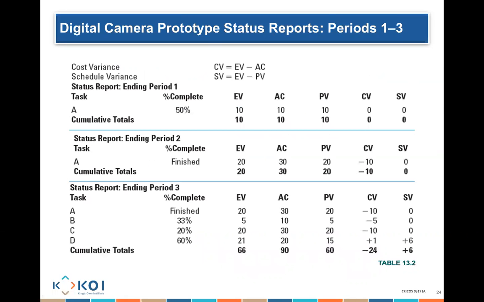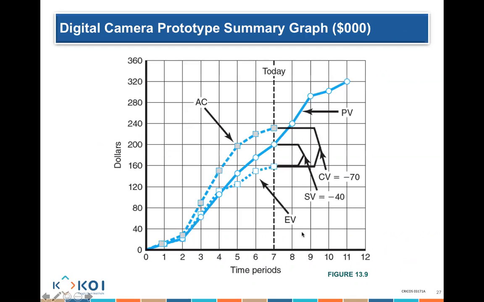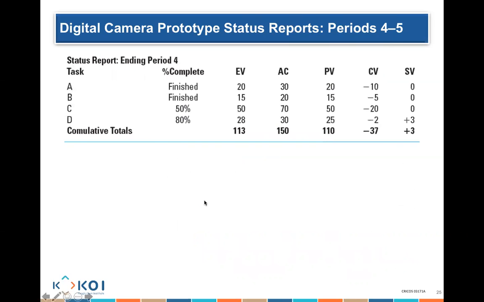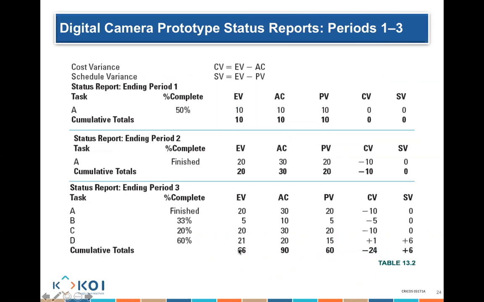Period 3. My earned value for period 3 is 66. Sorry, my earned value is 66. My actual cost is 90. So let's look here. My actual cost for week 3 is 90. Look here how it's higher. Look how my earned value is 66.